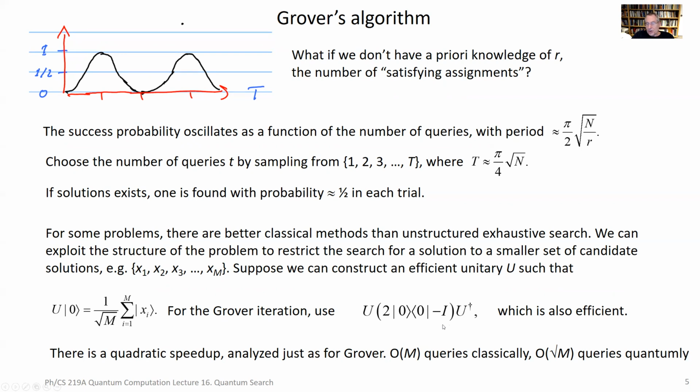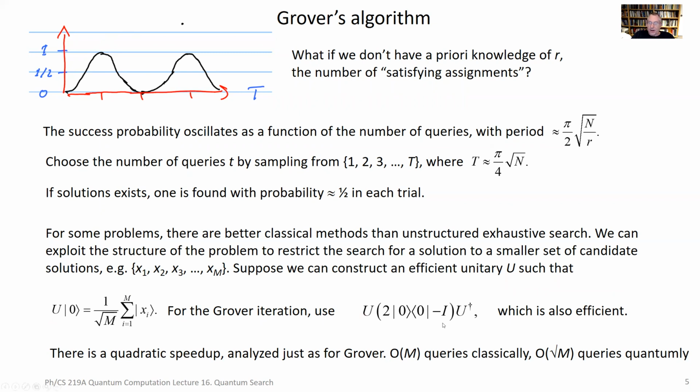And then this conditional phase, which is triggered by the all 0 state, conjugated by that unitary, gives the unitary that we do ourselves as part of the Grover iteration. And in this case, if this unitary is something I can do efficiently, I'd use the same idea. I take this conditional phase gate triggered by the 0 string.